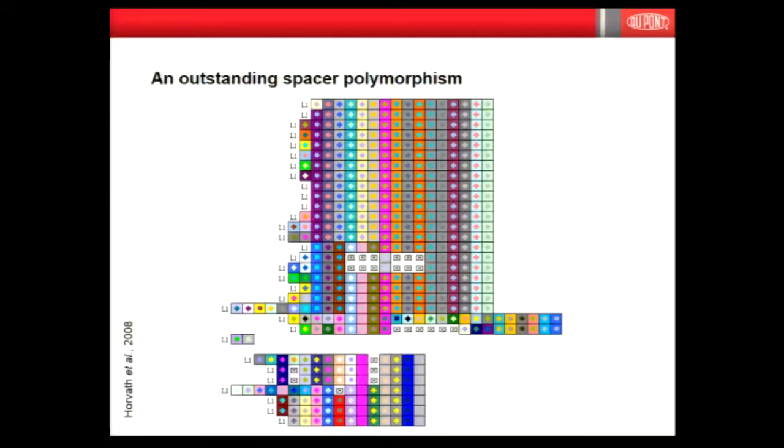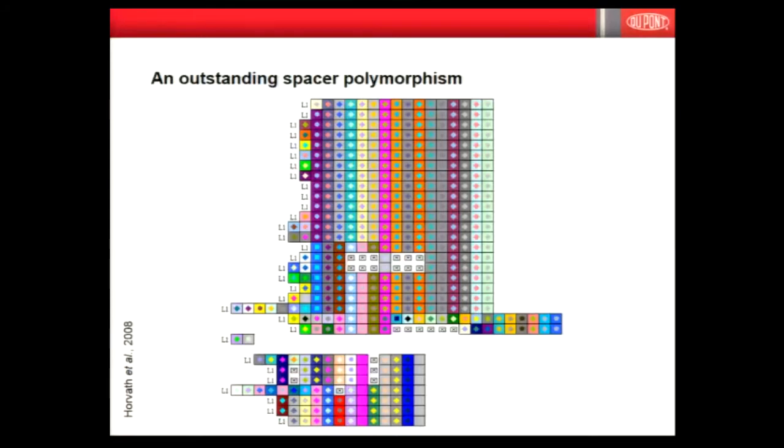We do not represent the repeats anymore because they are always the same, and we focus on the spacers. Based on this visual representation, we could easily group strains based on their CRISPR content, on the presence of common spacers.